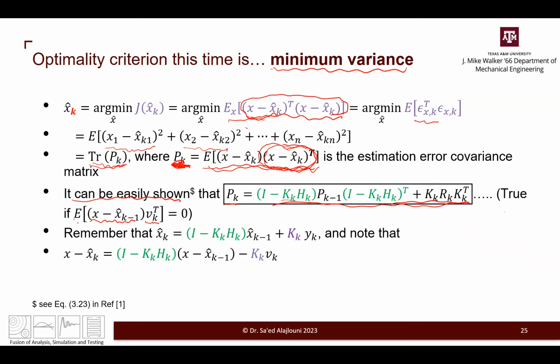So this is what the statement means. The expected value equals 0 in this case basically means that our estimation error using the estimate from the previous sample and the measurement noise are uncorrelated. Then if that's the case, we get this expression.